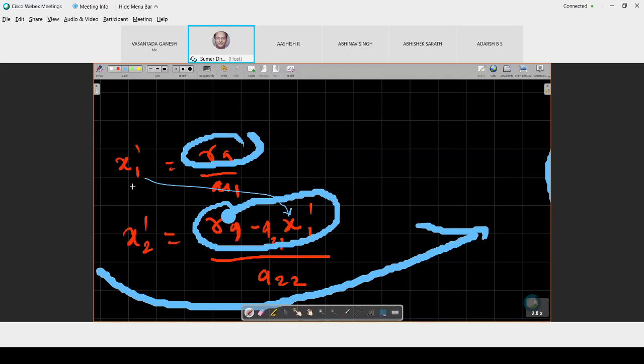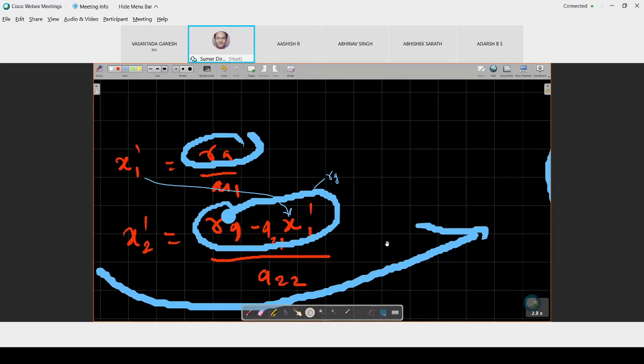So first you calculate x1 prime, then to calculate x2 prime, x1 prime is already known. So this Rg minus A21 x1 prime becomes the residual, the new residual. So always residual divided by central coefficient.